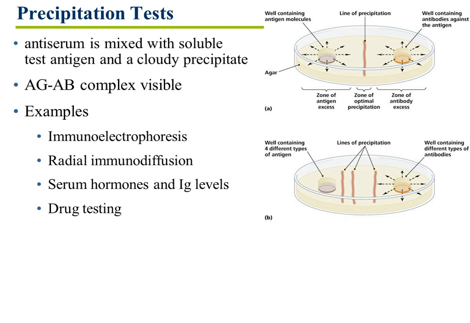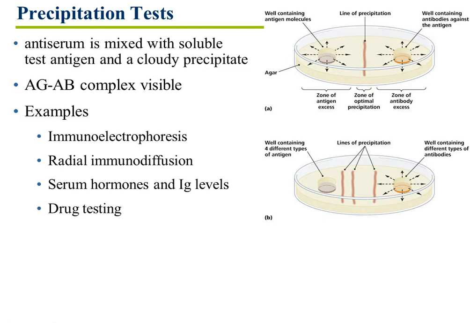Okay, here's a second test called a precipitation test. It's kind of similar to the agglutination test. The difference is that your antigen is very tiny and it's soluble. There are different examples of how this is used. You still get a visible line where the antigen and the antibody come together.